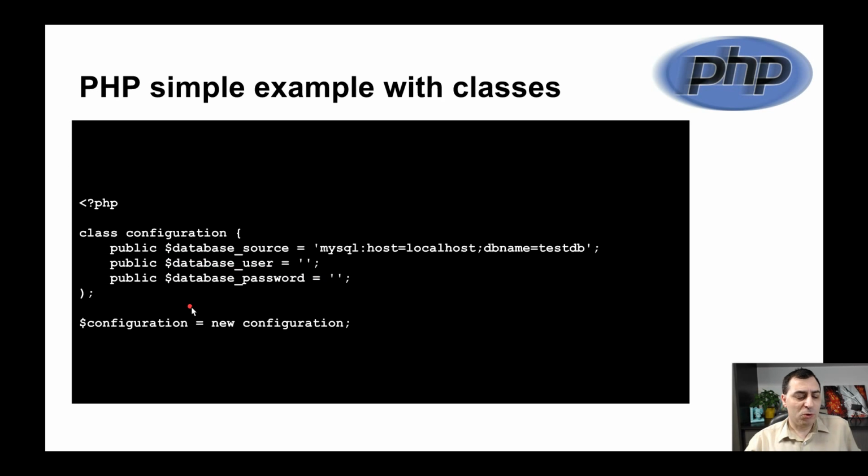So how would you use this class? You just create an object of this class, and you just access the variables with these names here to retrieve its configuration values. But this is the simplest example.